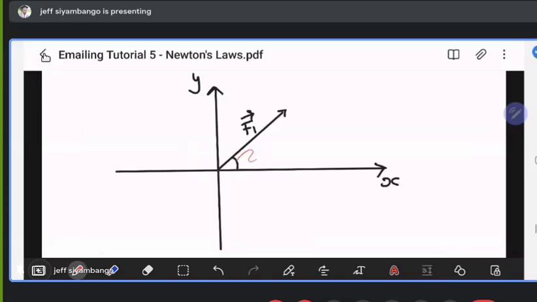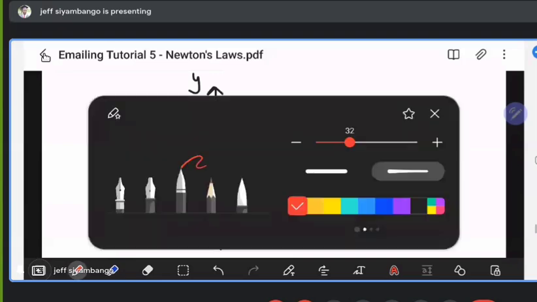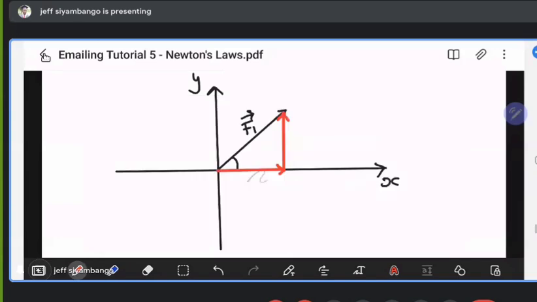So if you know what the angle here is, you can easily get the X component of F1, and you can also get the Y component of F1. So I can say this is F1 in the X-axis, and this is F1 in the Y-axis.